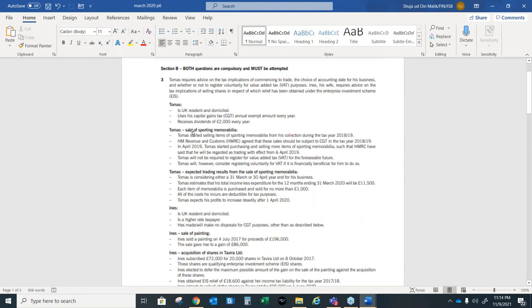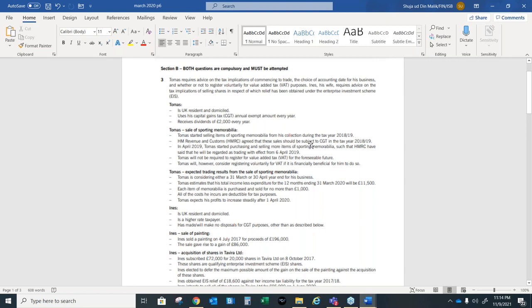Now Thomas, sale of sporting memorabilia. Thomas started selling items of sporting equipment from his collection during tax year 2018-19.